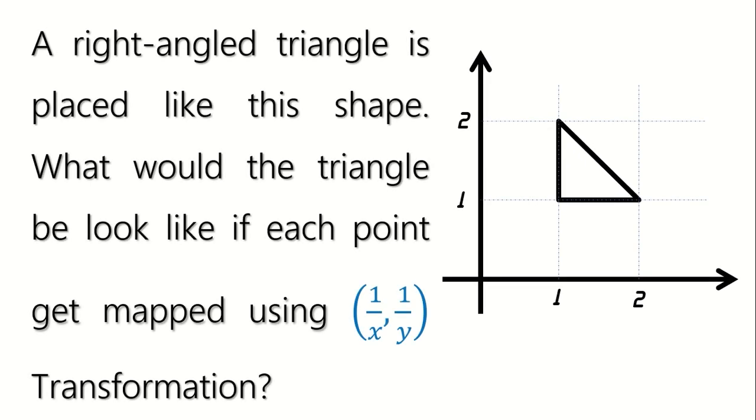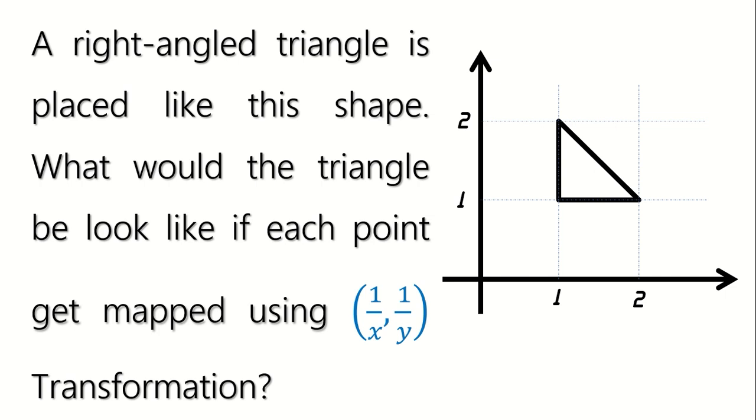A right angled triangle is placed like this shape. What would the triangle look like if each point gets mapped using the 1 over x and 1 over y transformation?